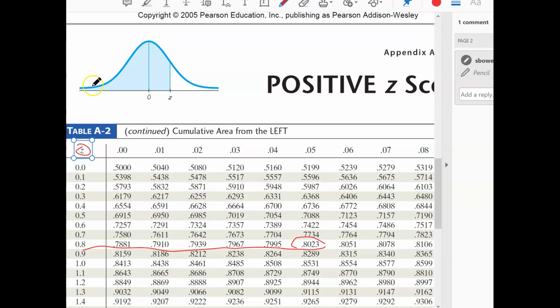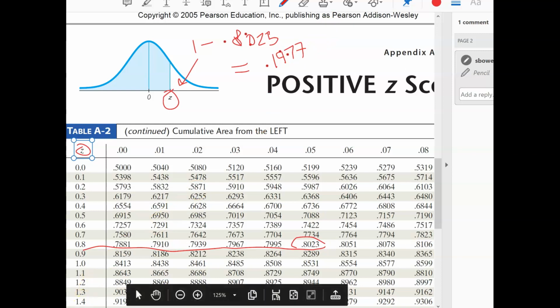Now remember that the table will give us the areas to the left of the z-statistic, and we need the area to the right of the z-statistic. So we will need to subtract 1 minus 0.8023. It is equal to 0.1977, 19.77%.